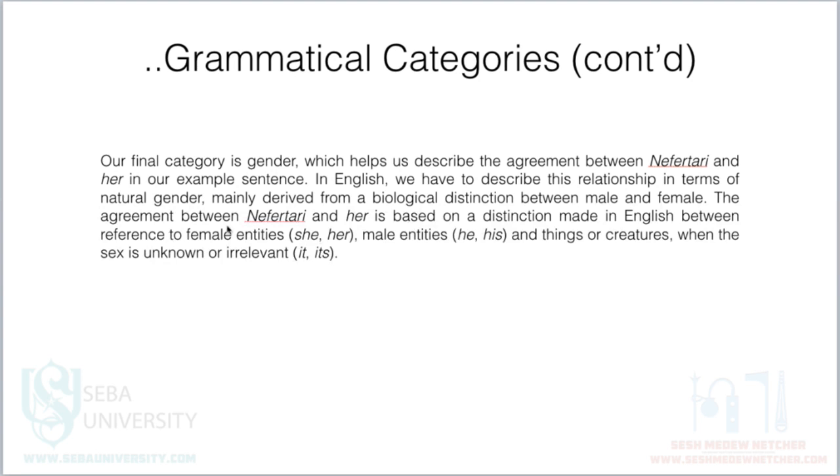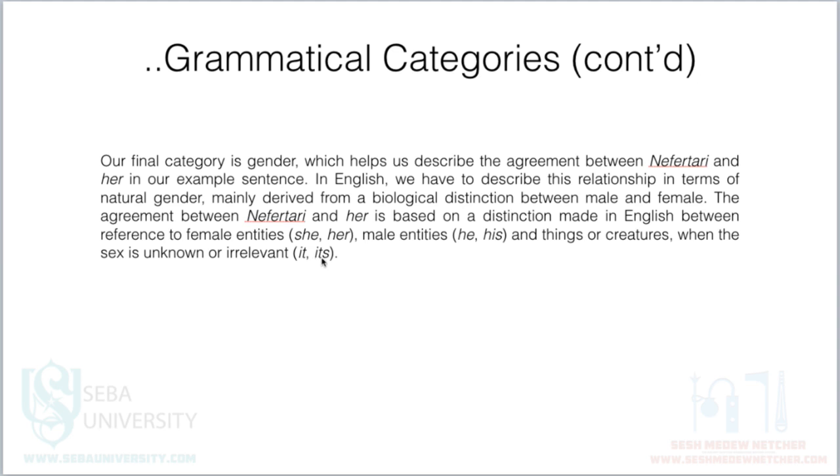The agreement between Nefertari and the word her is based on a distinction made in English between reference to female entities, which are she and her, male entities, he and his, and things or creatures when the sex is unknown or irrelevant, such as it and its.